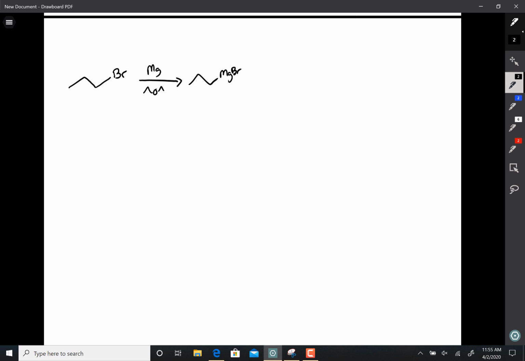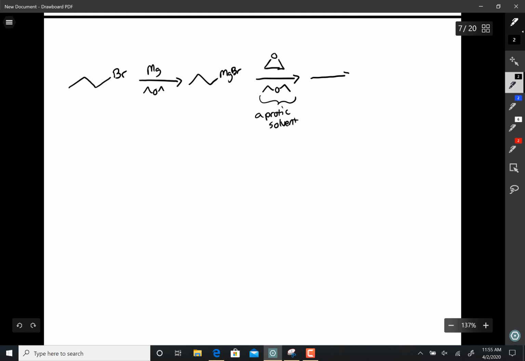And then what we can do with that Grignard is we can react it with an epoxide. Now, since this is a very basic nucleophile, much more basic than even an acetylide, we definitely need an aprotic solvent, like diethyl ether. And then we add this.